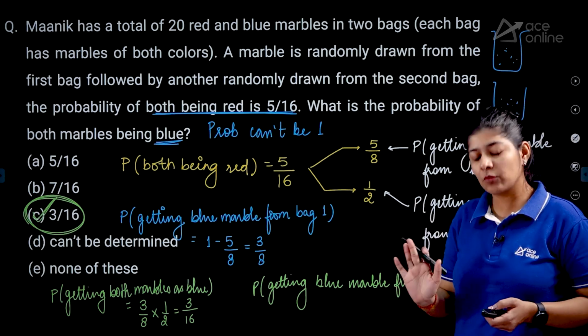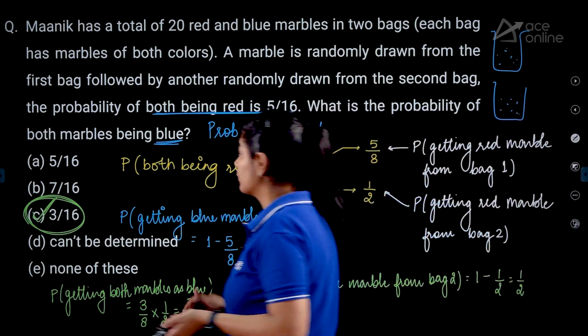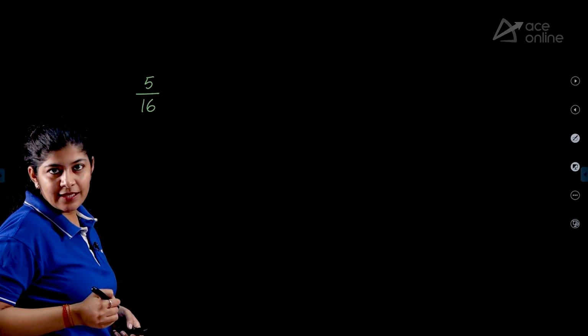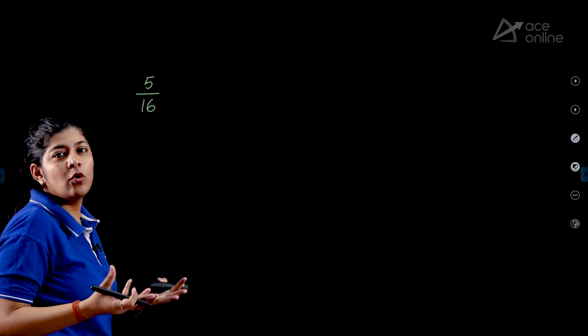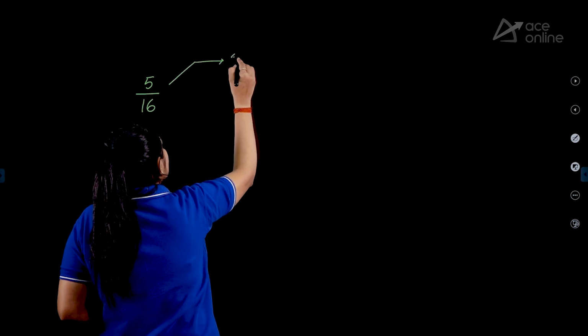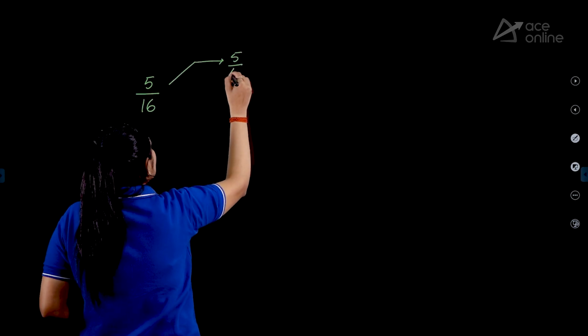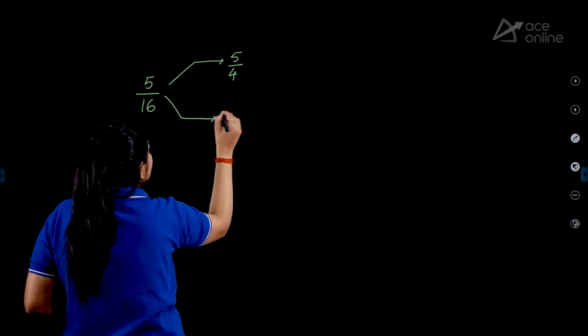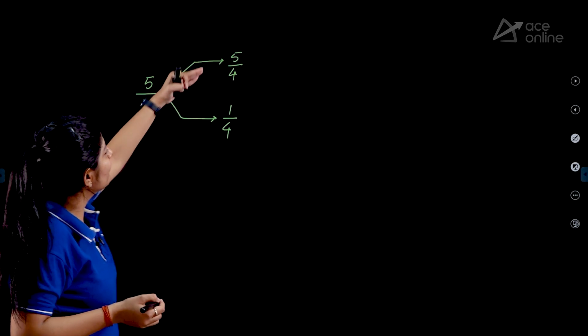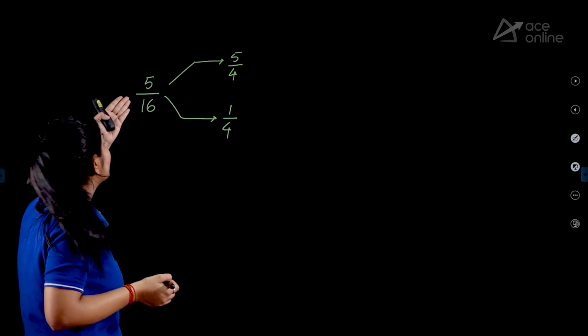Now, I know that most of the students make the same mistake. Here we have 5 by 16 as our probability of getting both as red marble. So they bifurcate it like this. They think, ma'am, we can also do it like this, because when we multiply this value, ultimately we get this answer.